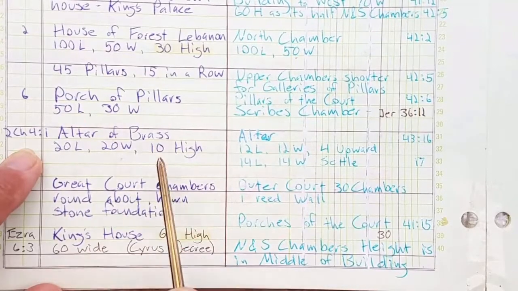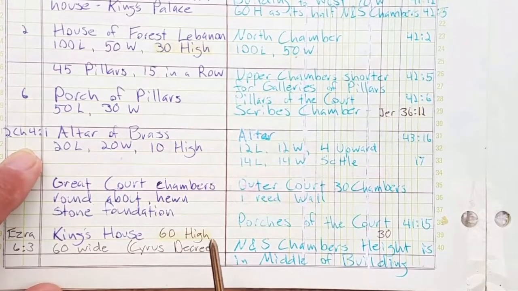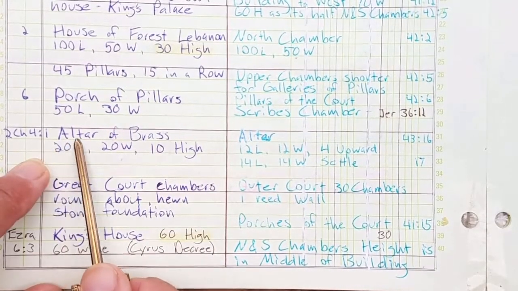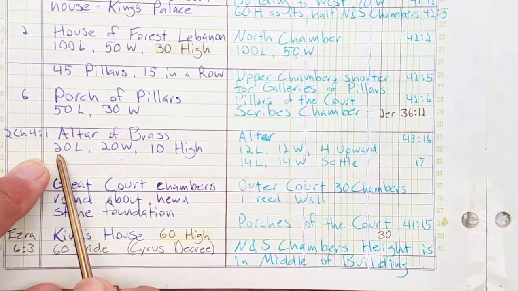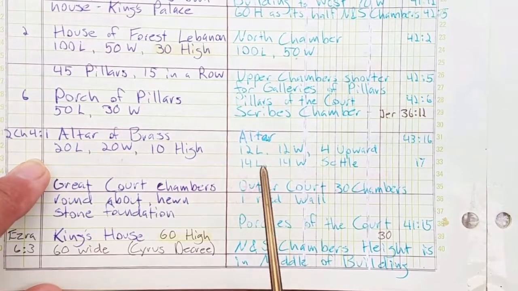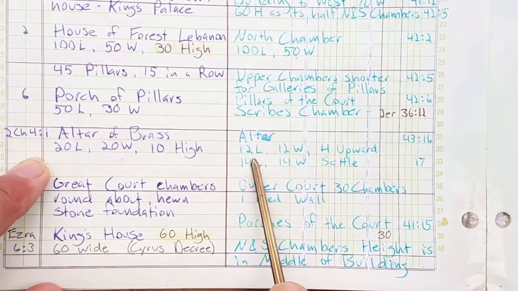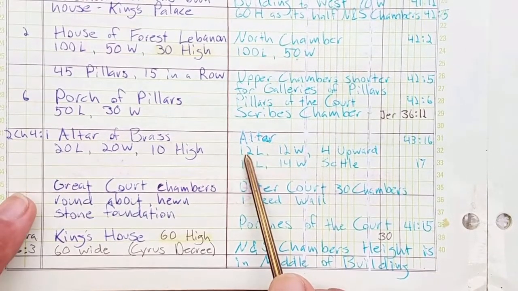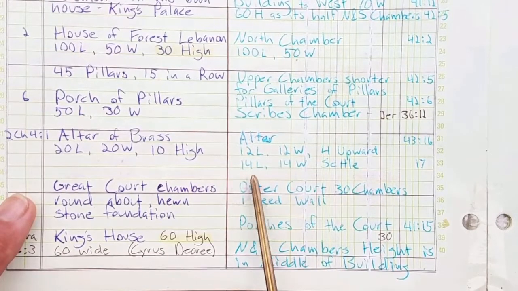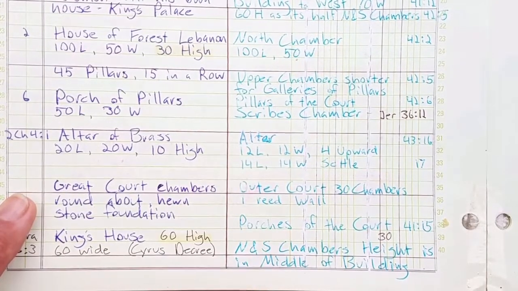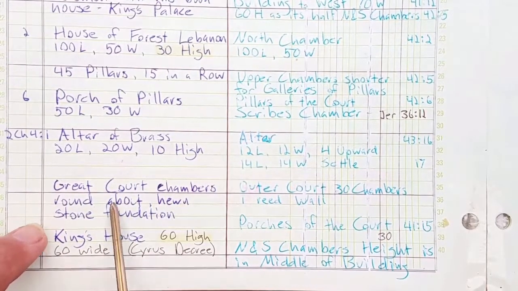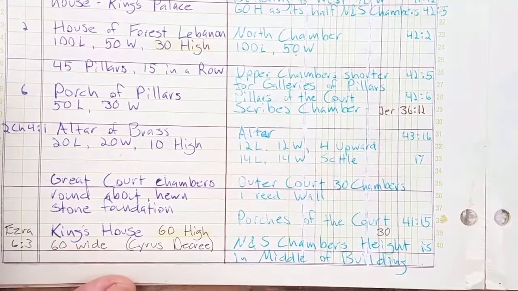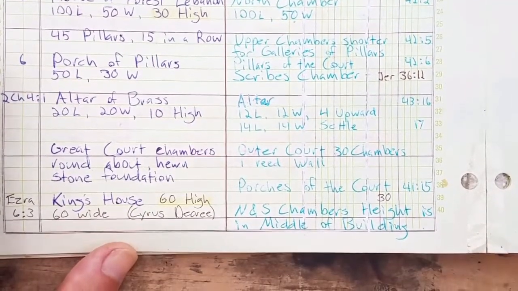This is the reason. We go back to the first temple and we get the dimensions. The first temple has an altar of brass of 20 cubits essentially, and in the Ezekiel temple it is slightly smaller, 20 cubits, and has a length of 14 cubits. There's a great court of chambers roundabout, and the Ezekiel temple has this as well.